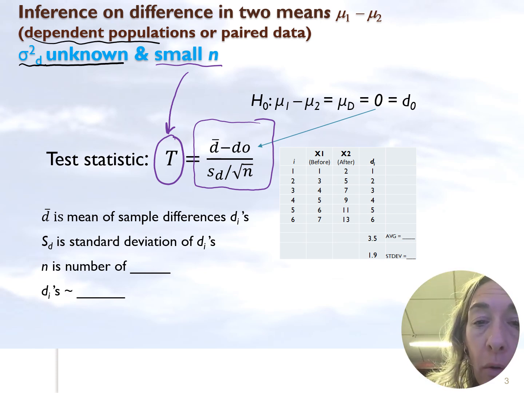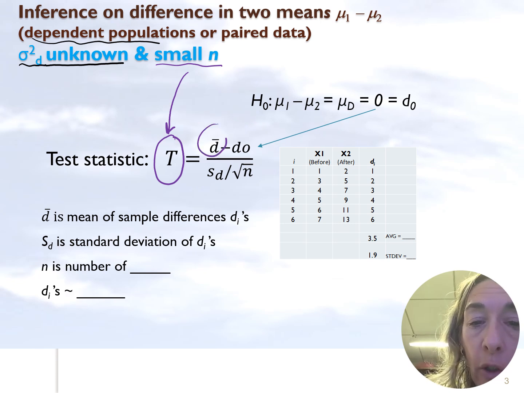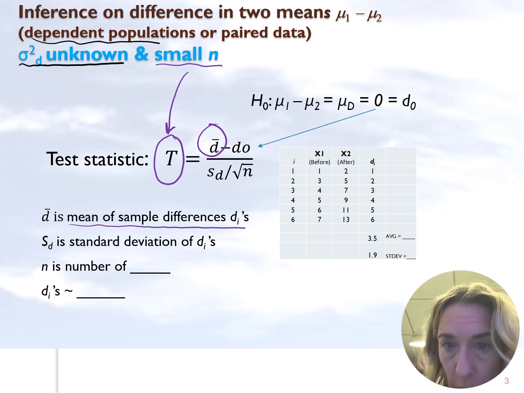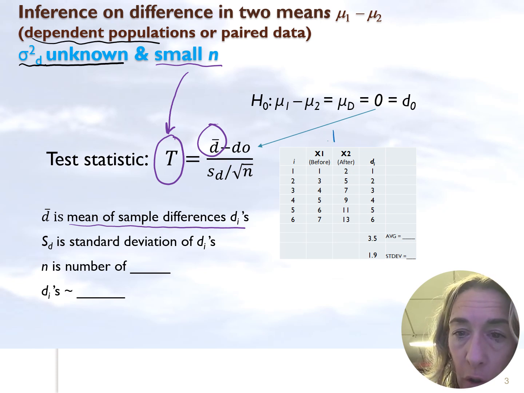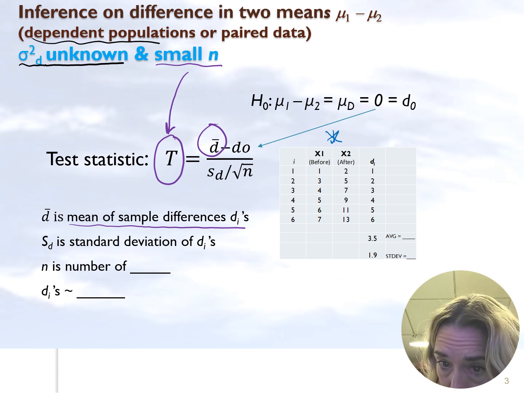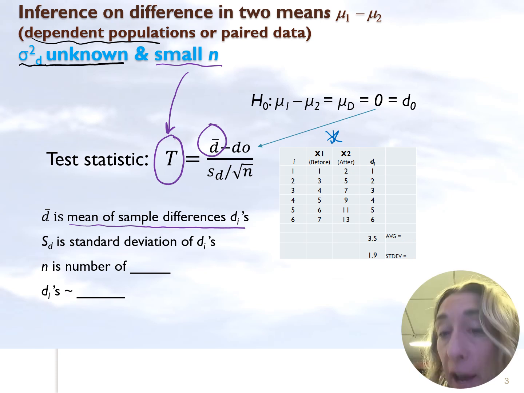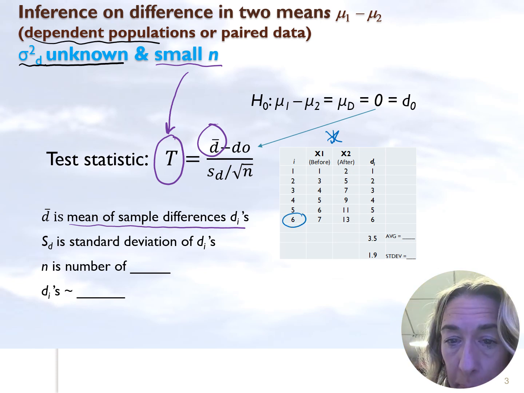But let's look at the numerator as well. D bar in the numerator is the mean or the average of the sample differences. So what are the sample differences? Let me point your attention to this table of before and after measurements that were collected in a paired data setup. This particular example has 6 different pairs of data.